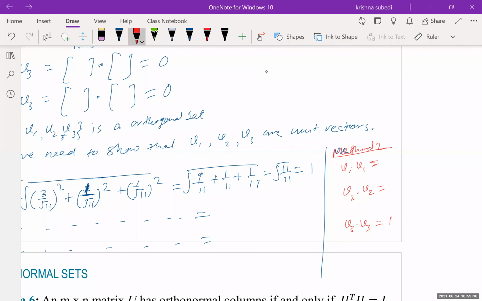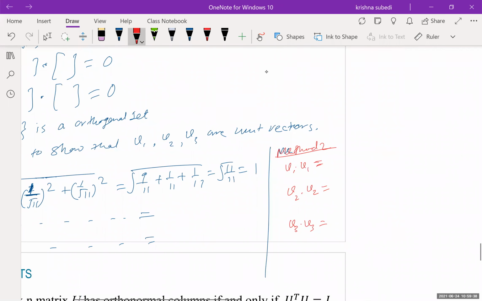If this is 1, that's another way to check whether the vector is a unit vector or not. So v1 is 3 over square root 11, 1 over square root 11, 1 over square root 11, dot 3 over square root 11, and so on. You know why? Because if v1 dot v1 is 1, if they are unit vectors, 1 times 1 is 1, right? So we can use this idea.